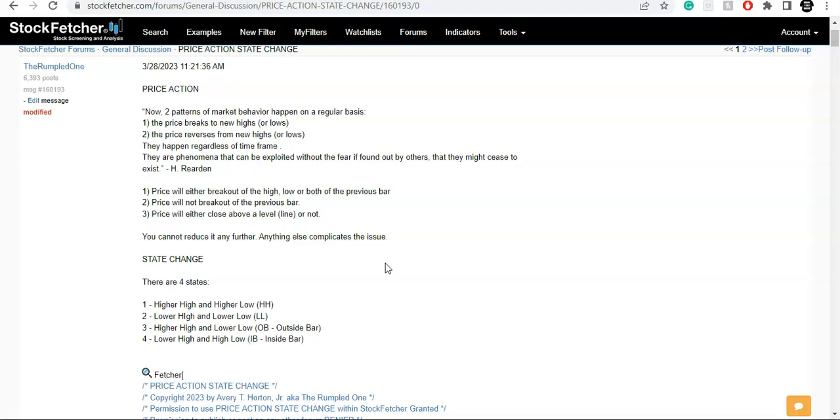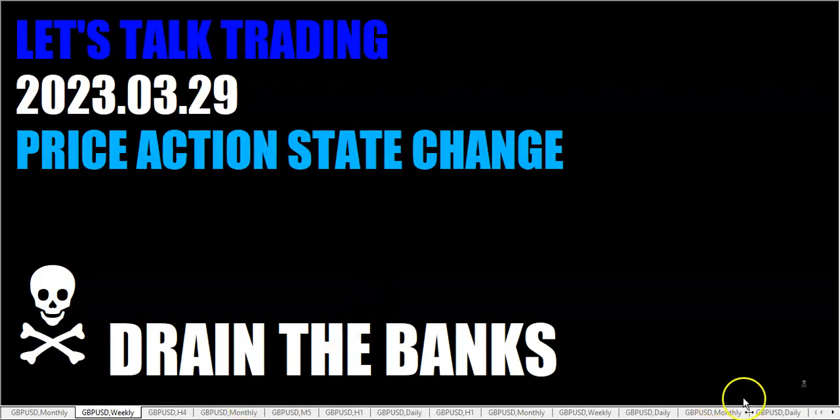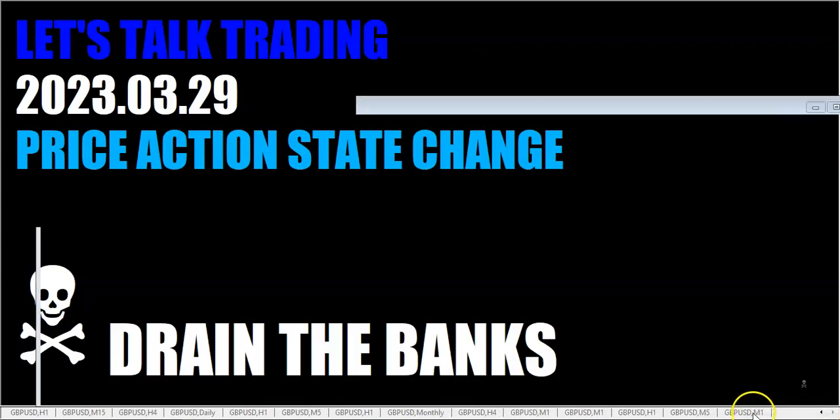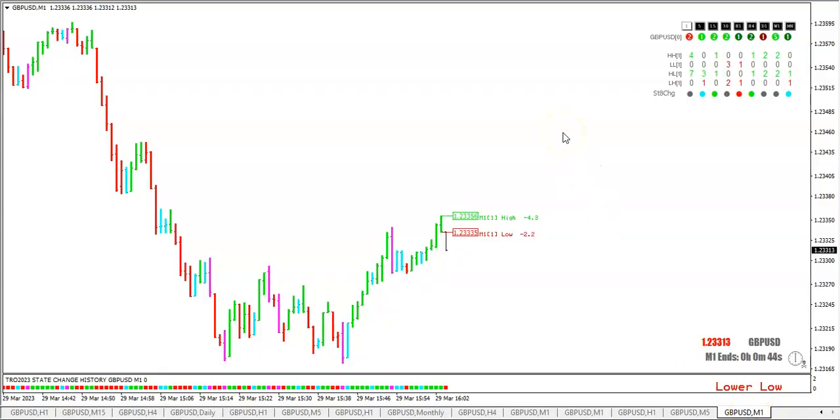And so the question is, what happens when the state changes or doesn't change? And how can you use that in your trading? So what I did was I wrote an indicator. I wrote a few indicators.